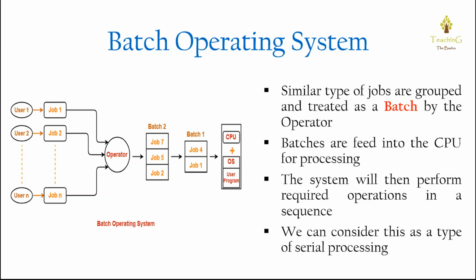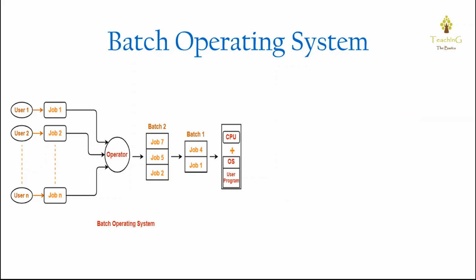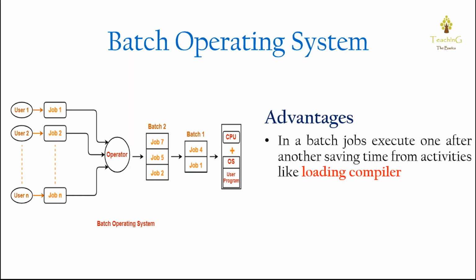Okay, so what are the advantages of a batch operating system? In a batch, jobs execute one after another, saving time from activities like loading compiler. Let us suppose that some jobs require the help of a C compiler.